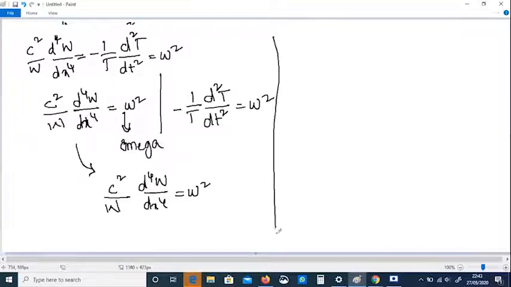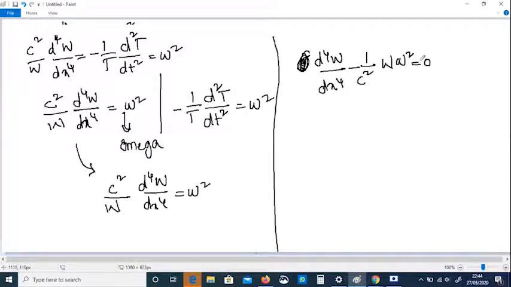Upon rearranging, we will get d to the power of 4 w by dx to the power of 4 minus omega square by c square w equal to 0, right?